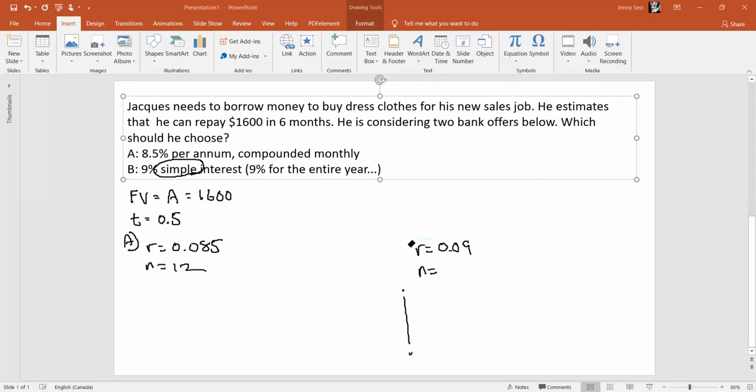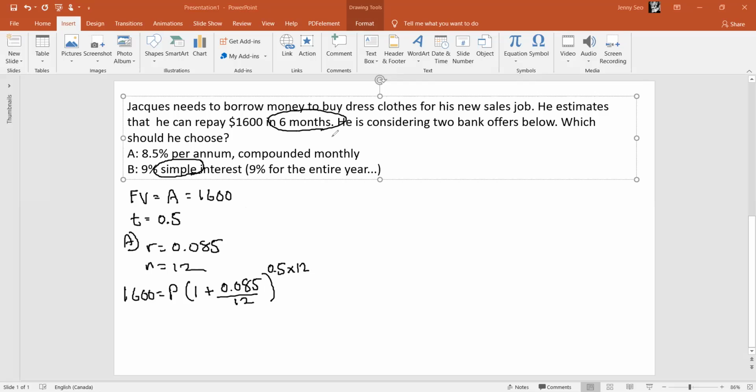Let's calculate how much interest I would have to pay for A. Ready? Future value, the final amount, is going to be 1600, and that is equal to principal multiplied by (1 + 0.085/12). And I have 0.5 of a year, but 12 times a year, so the exponent is going to be 6, which makes sense because the question said it's going to be 6 months.